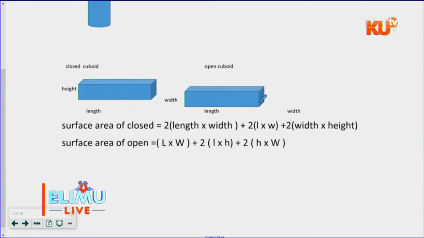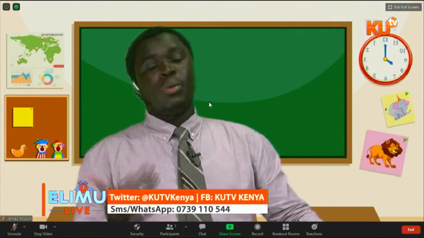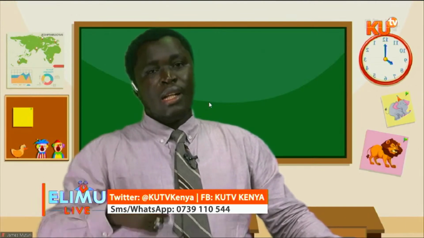We'll call this one height, and then we'll call this one width. There are 2, so we say 2 into height times width. Those faces are 2. The only face that is missing is the top, and that's why we say open.